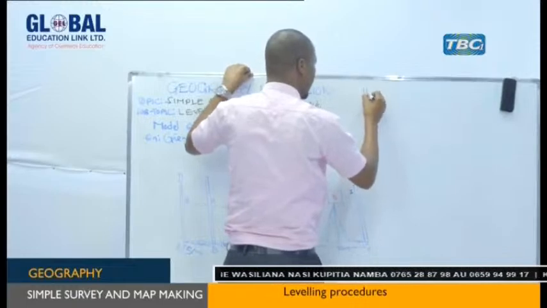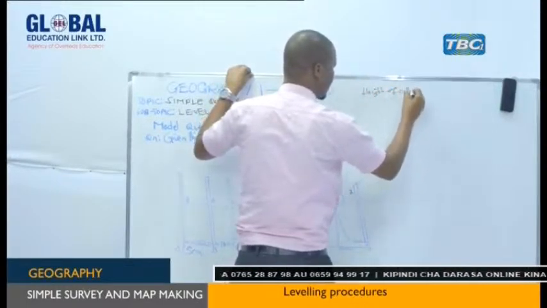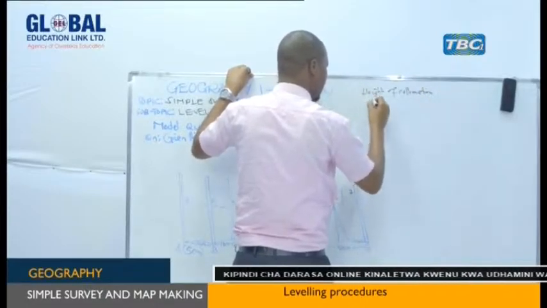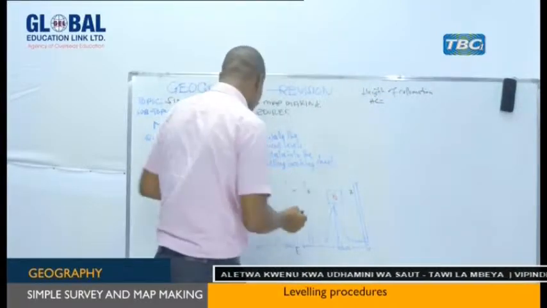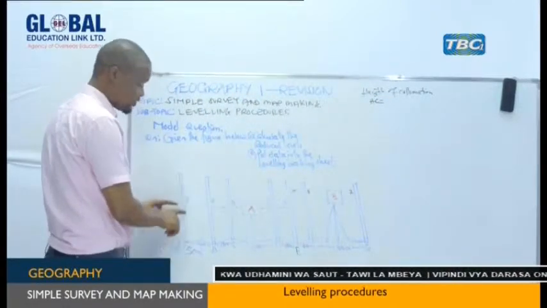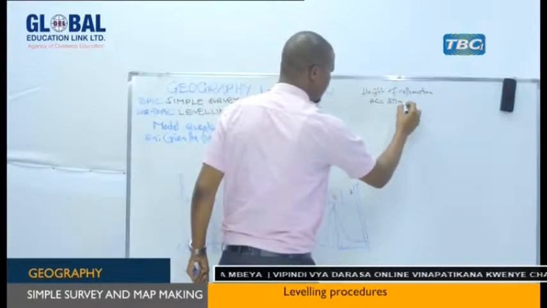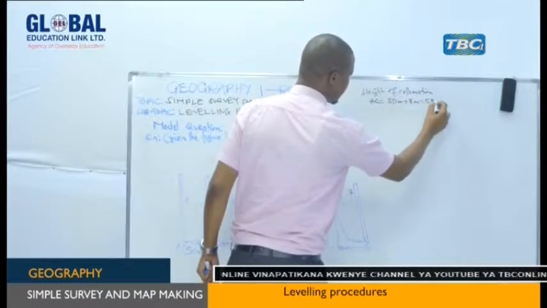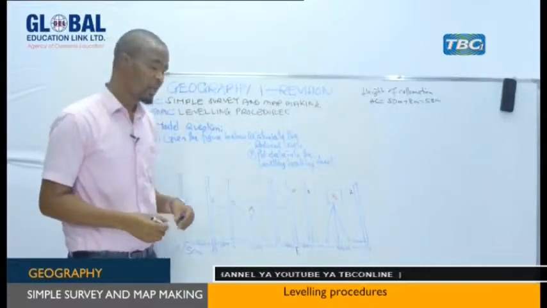Okay, so by making a summary, or by showing how it is done, we have to first calculate the height of collimation. Are we together, class? So HC will get the fixed point reading on the ground, which is 50 plus the first staff reading, which is 8. It means we will take 50 meter plus 8 meter, then we will get 58 meter. This is our first height of collimation.